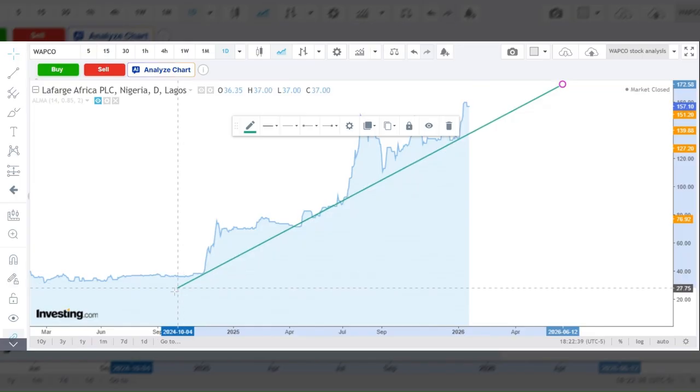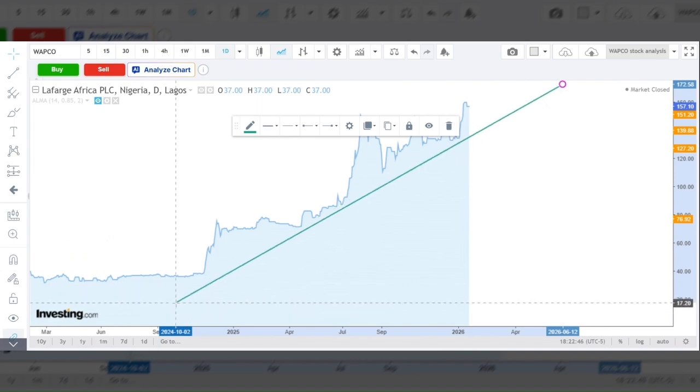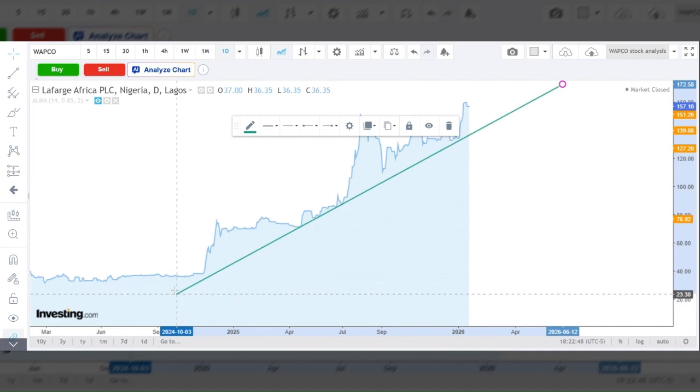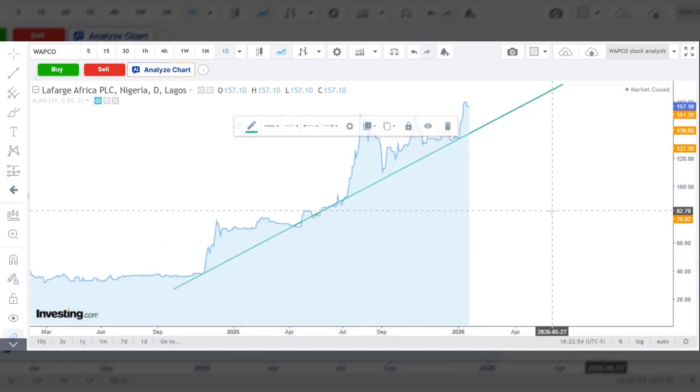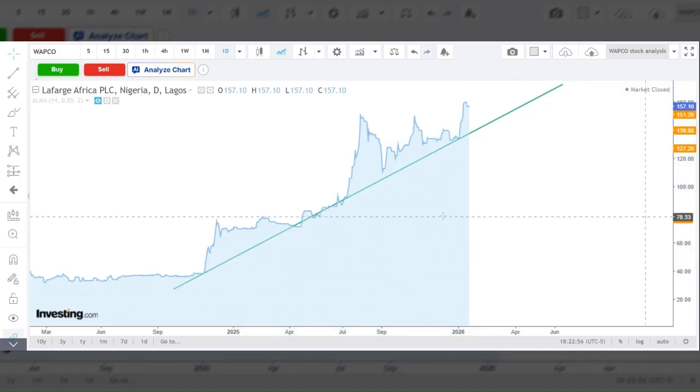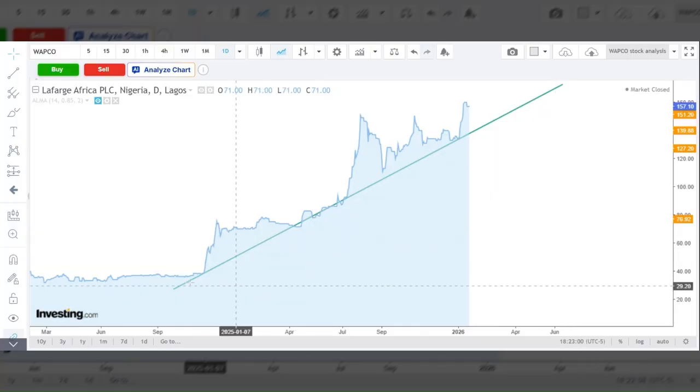So as you can see, the trend line touched different spots, like these spots.